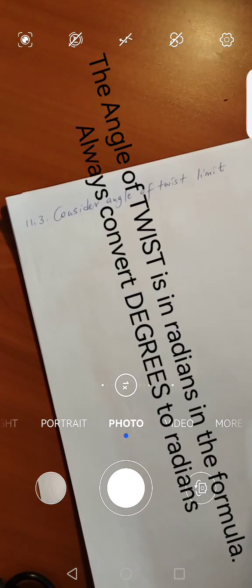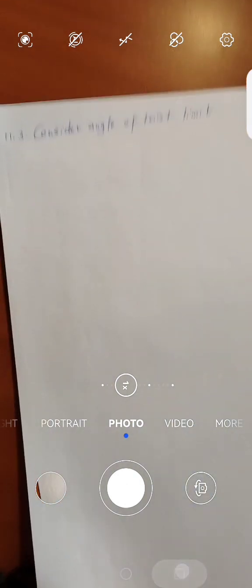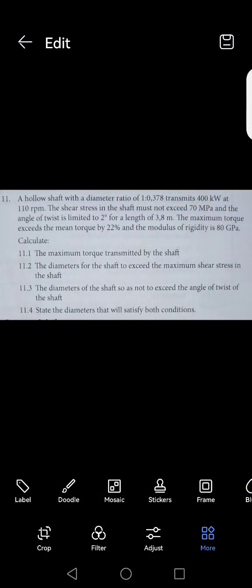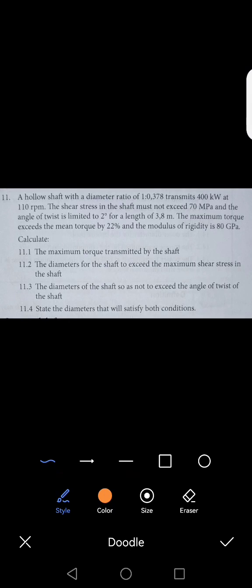Right. First of all, as you can see there from our question, this angle is given in degrees, and then the standard unit here for calculation purposes, it has to be radians. So our angle must be in radians. So the first thing to do here is to convert that angle to radians.